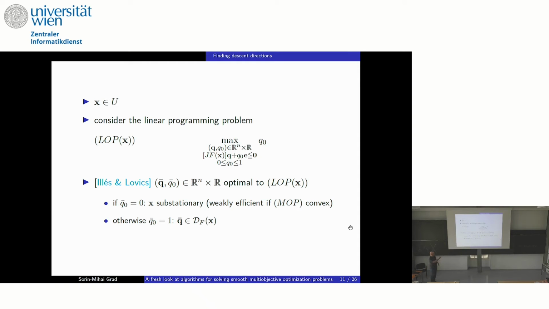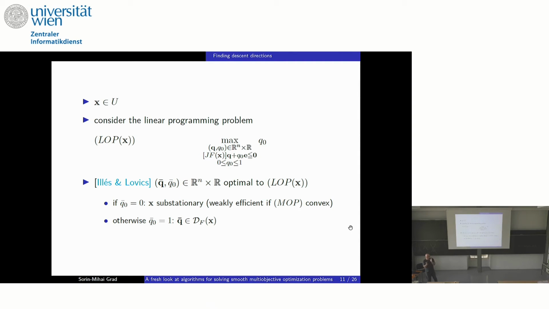Solving such a linear problem, you get either the outcome q0 equals 0, which means you have no descent directions, or q0 equals 1, which means q is a descent direction, where q is in Rn and q0 is in R. q0 is between 0 and 1, but it's a maximum, so it's either 0 or 1, because otherwise you can scale the other inequality.